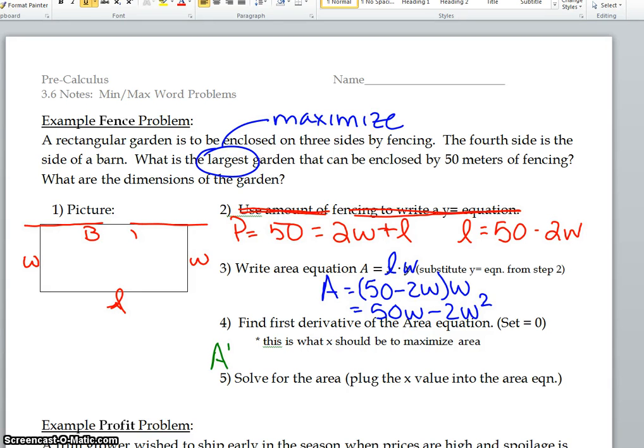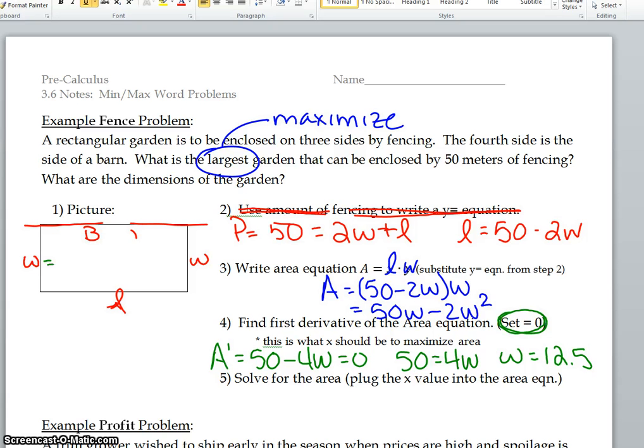So A prime will give me 50 minus 4w. And if you remember from when we dealt with the graphing part of it, what we do to find those max and min points is set that derivative equal to 0. And so when we do that, we'll have 50 equal to 4w, and then we'll have w equals 12.5.